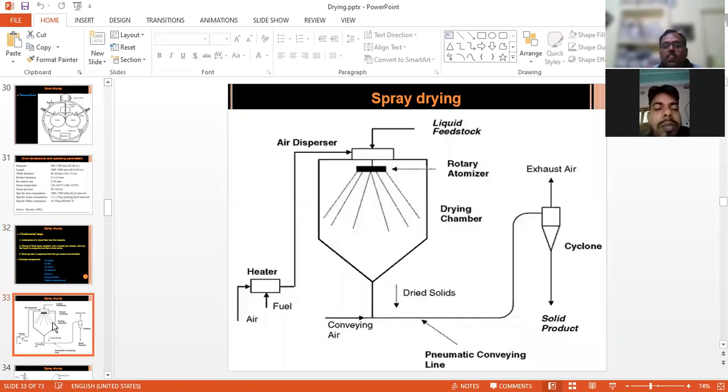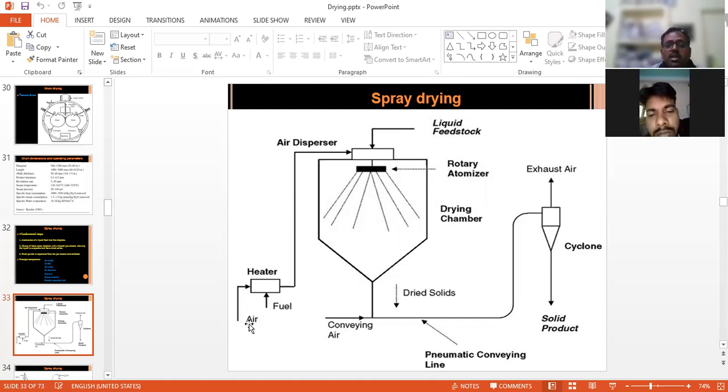Here we can see the diagram. We can clearly understand the drying process of the milk. Similarly, you can see here, this is the typical diagram of spray drying. Just practical, just like lab model.